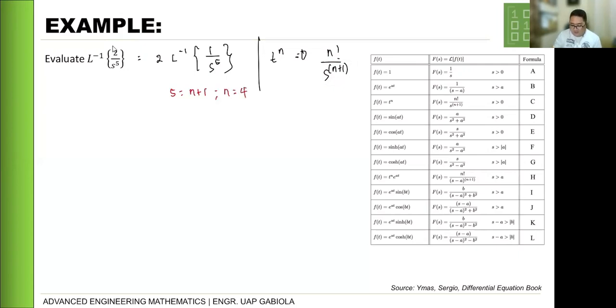To have this kind of form, we need to introduce a 4 factorial. But we cannot just put a 4 factorial in the numerator.